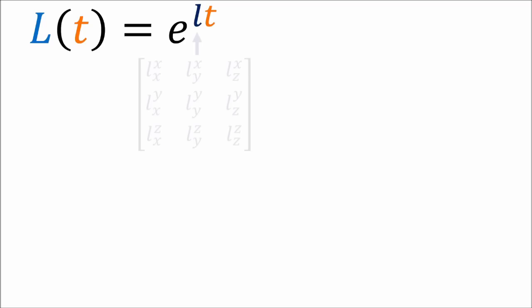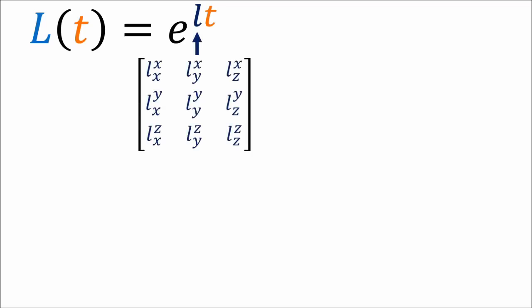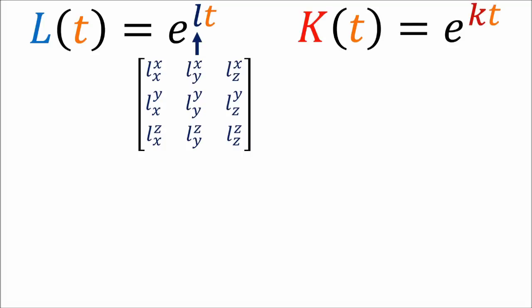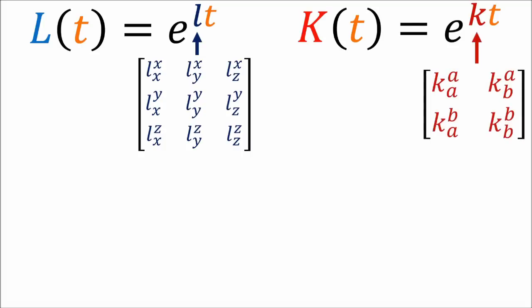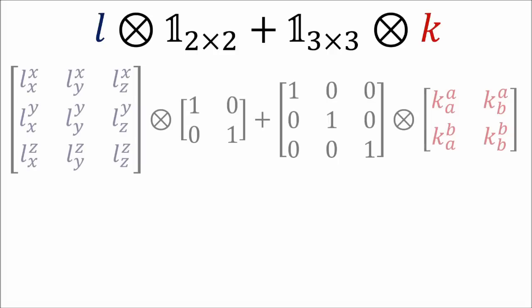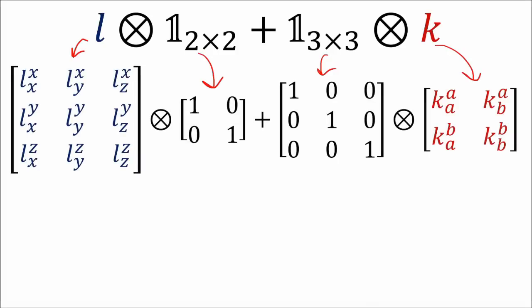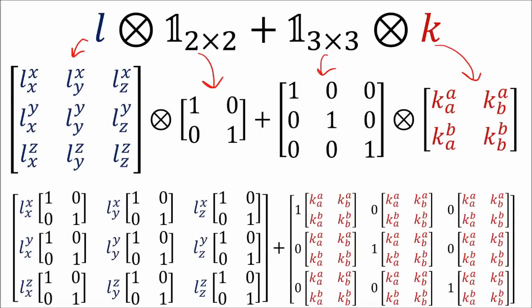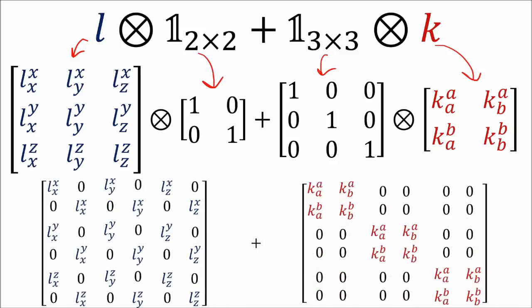If small l generates L of t, a 3x3 matrix, and small k generates K of t, a 2x2 matrix, then L of t tensor K of t will be generated by small l tensor the 2x2 identity plus the 3x3 identity tensor small k. Note that after we carry out the tensor product, both matrices in the sum will be 6x6. So we get a sum of two 6x6 matrices.